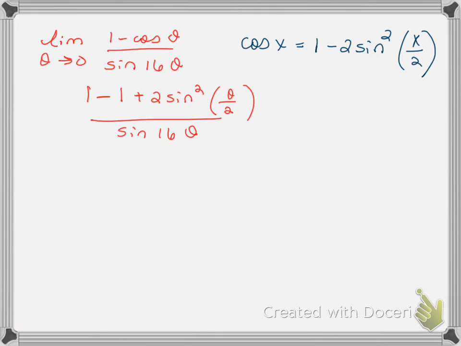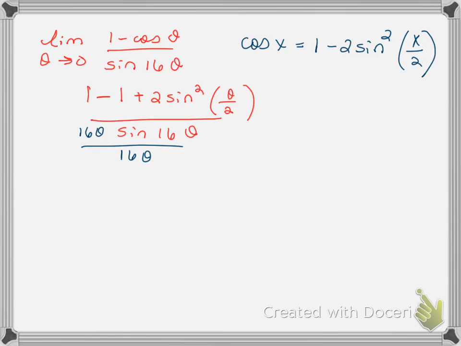So the idea here is that we want to get the sine of 16 theta out of the denominator because that is creating a 0. And so we can eliminate that by multiplying by 16 theta all over 16 theta. And so now we have, using our theorem, the sine theta all over theta, that would give us 1.